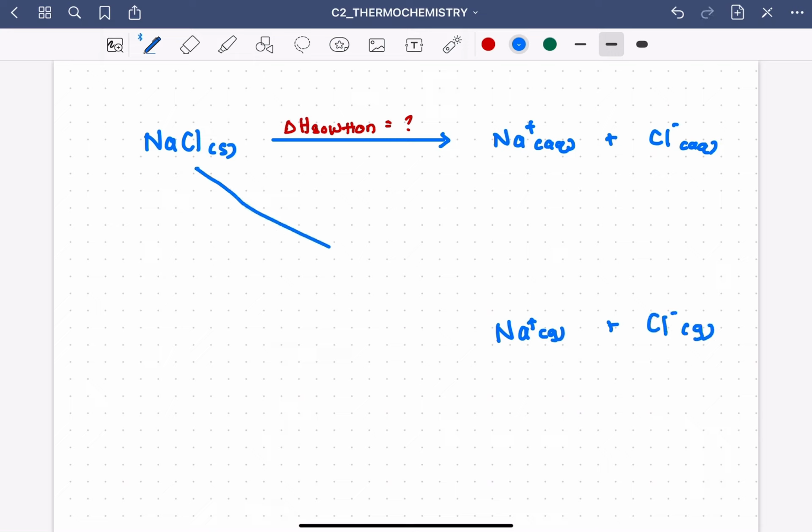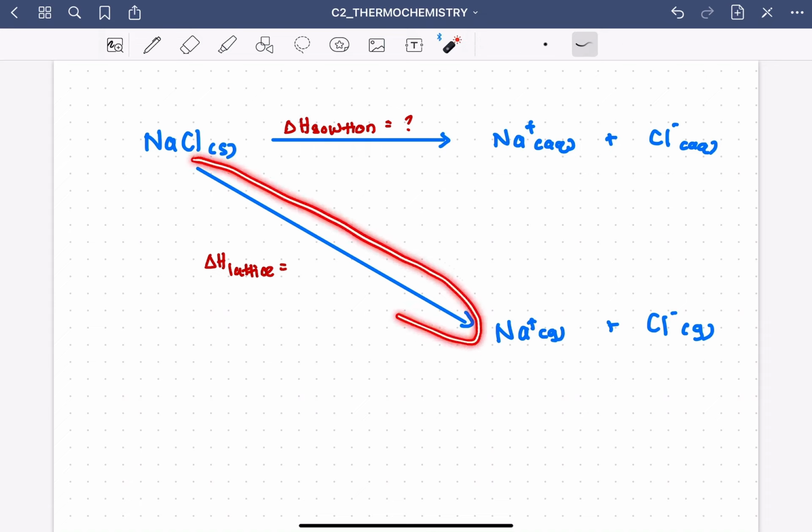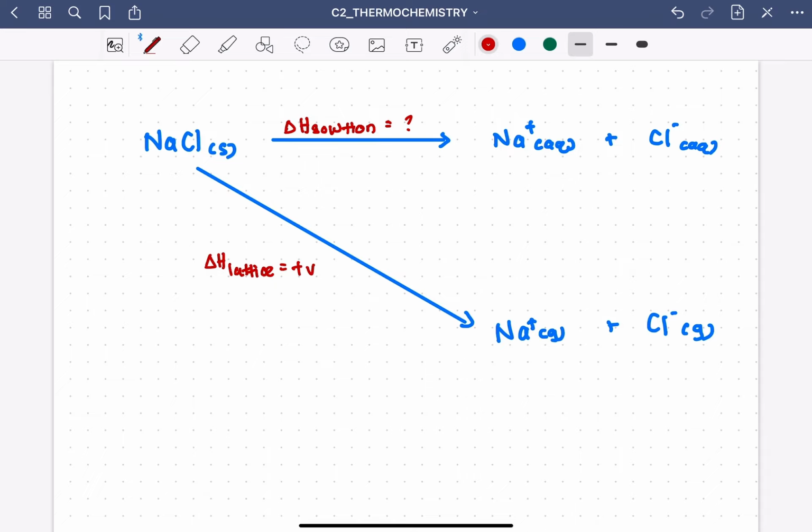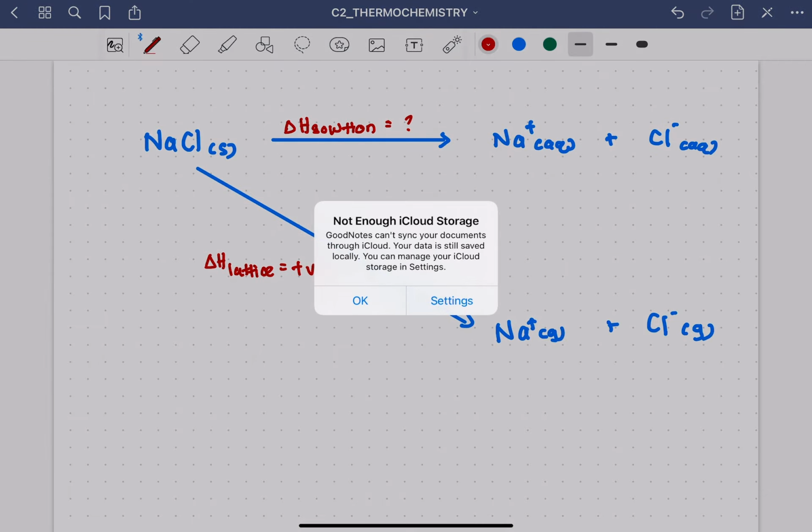So this solid breaks up to form gaseous sodium ion and gaseous chloride ion. The enthalpy involved here is the lattice energy. And look at the arrow. Since the arrow is going from the solid to the ions, this means it should be positive.